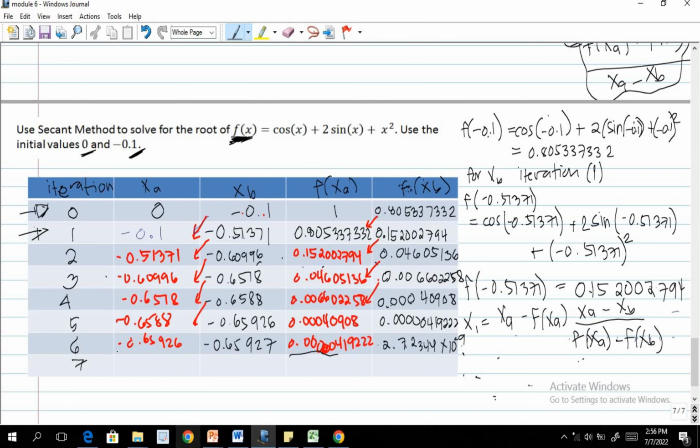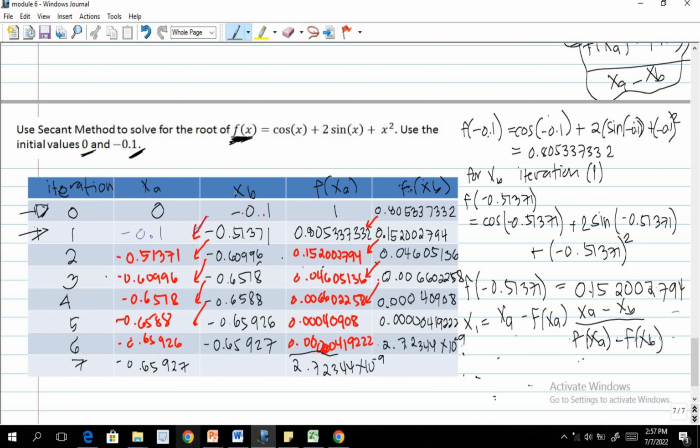If I'm going to continue in my iteration 7, this is negative 0.65927, and this is 2.72344 times 10 raised to negative 9.